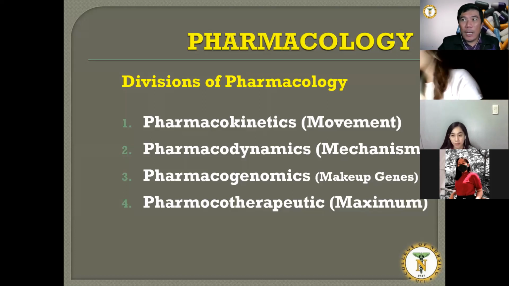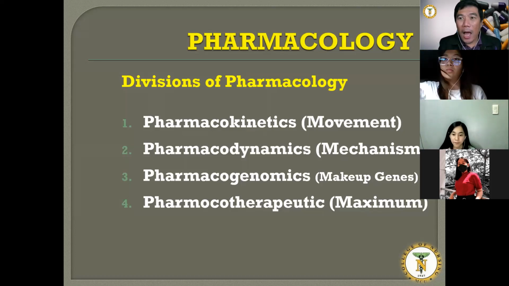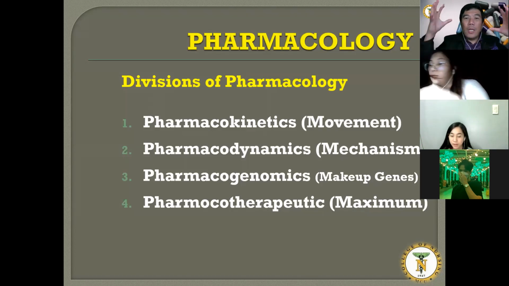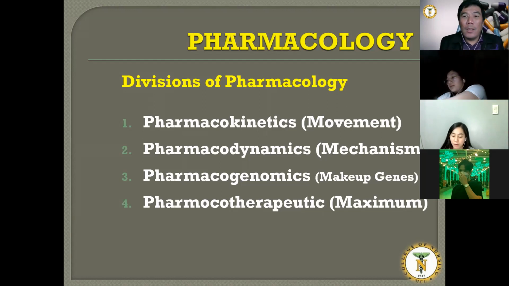So that's why we have the mnemonic ADME. Can you still remember what the ADME I mentioned is? A, Absorption. D, Distribution. M, Metabolism. And E, Excretion or elimination. Very good. When we talk about anything related to ADME and movement, we're talking about pharmacokinetics.